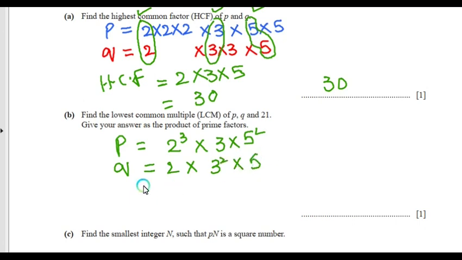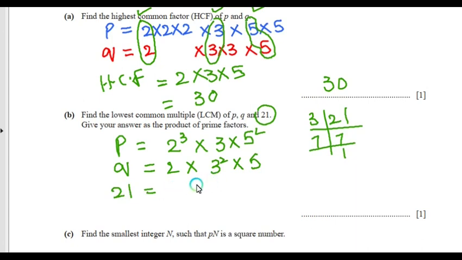And the next, third number is 21. So 21 should be factorized first, the prime factorization. So prime numbers should be used. 3 times 7 is 21 and 7 times 1 is 7. So the third number is 21 and the factors are 3 times 7.